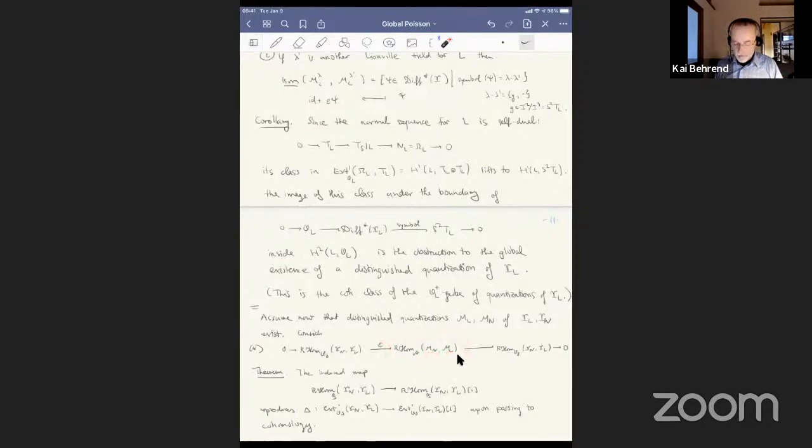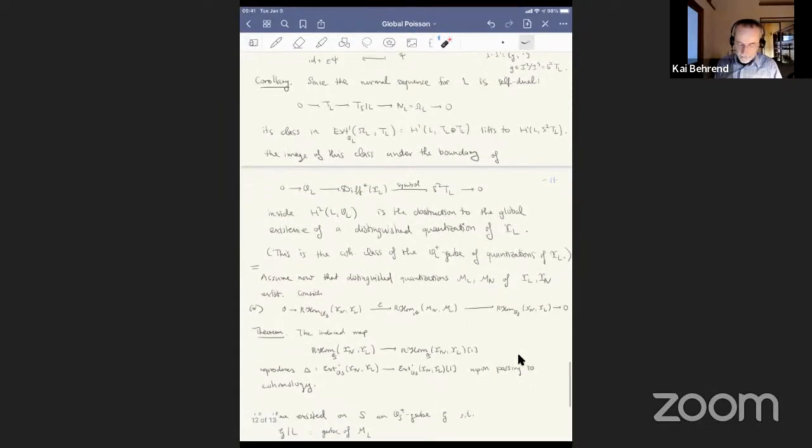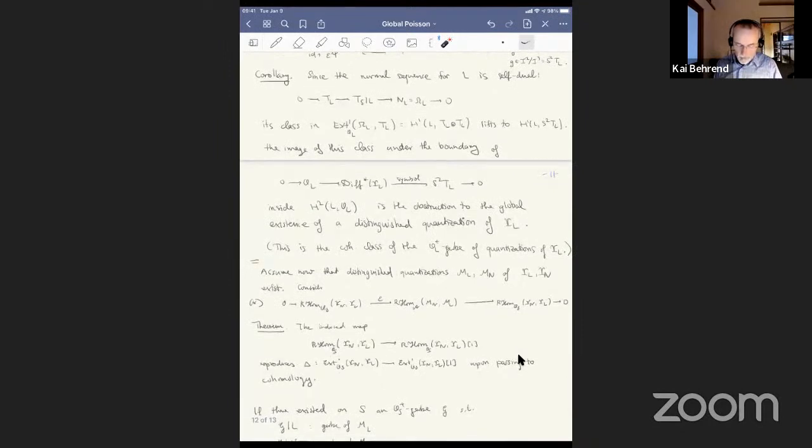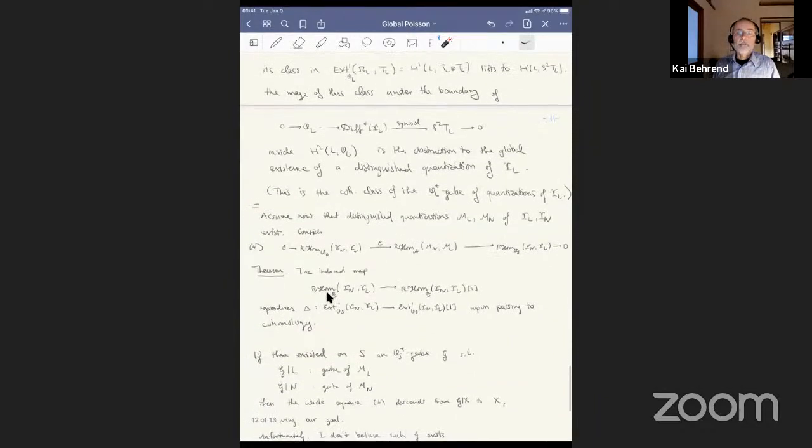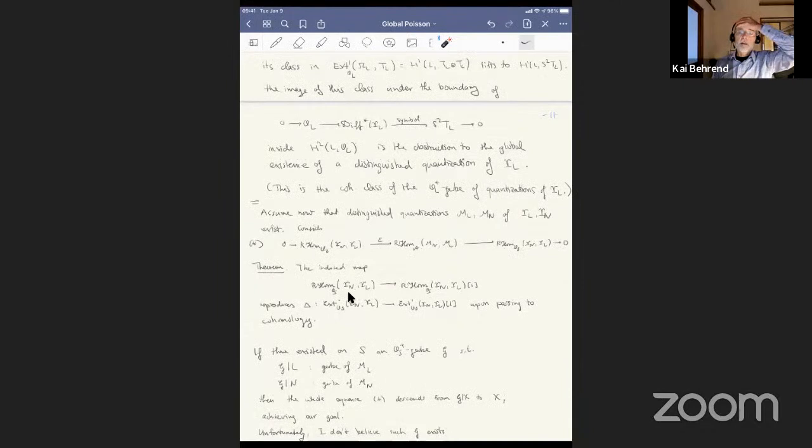If I mod out by epsilon, I get the classical R hom, so non-quantum R hom. Right, so I get an extension of this guy by itself, which I can think of as a map of degree 1. And my claim is that that degree 1 map, when I pass to cohomology, reproduces our BV operator on cohomology. So if I have these quantizations of the Lagrangian submanifolds, I can solve my problem.